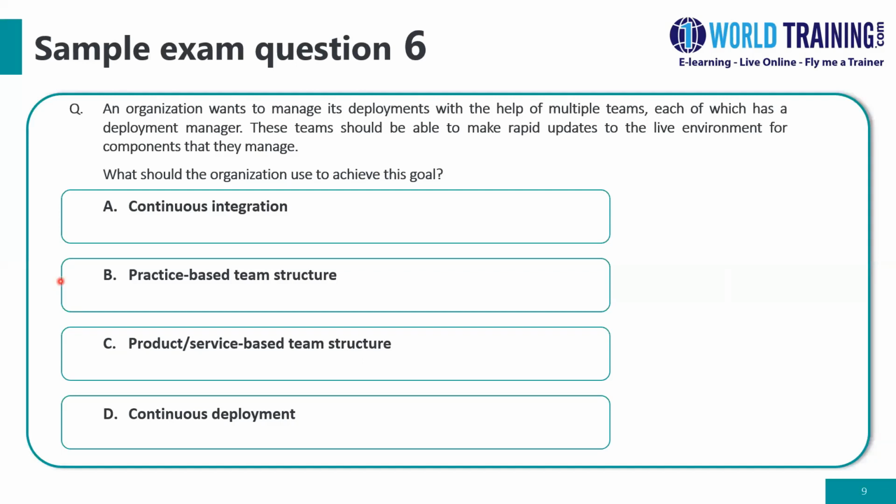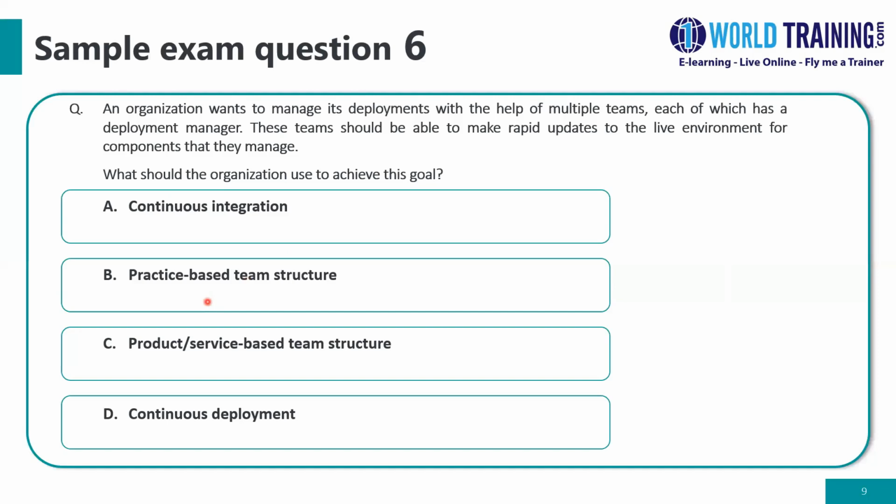And so that is option C. And option D, continuous deployment, is automated and not just the rapid updates. So the question is, the team should be able to make rapid updates to the live environment for components that they manage. So C seems to be the correct one, but let's check it anyway.